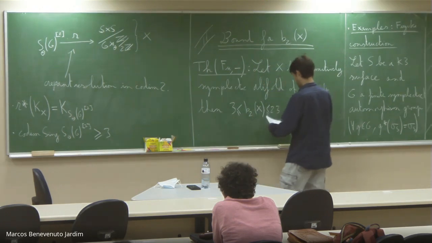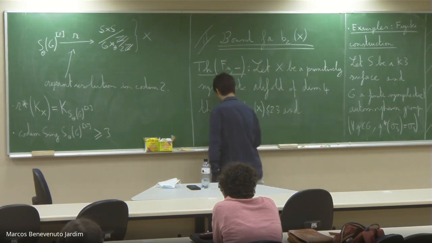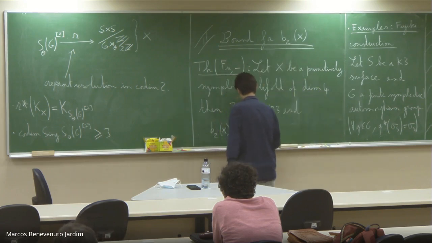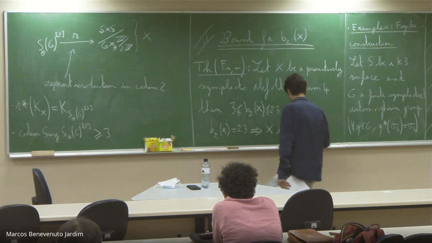And moreover, if you have B2 equal to 23, then it's always implied that X is smooth.